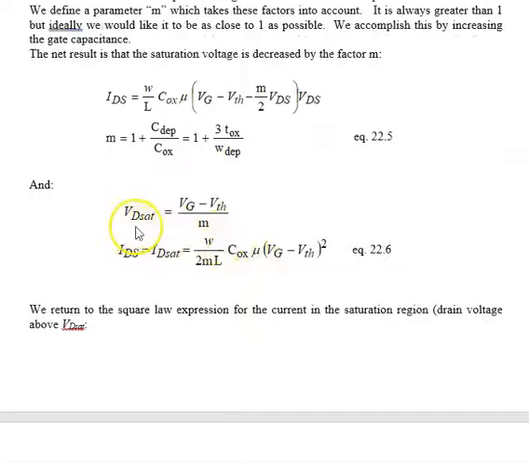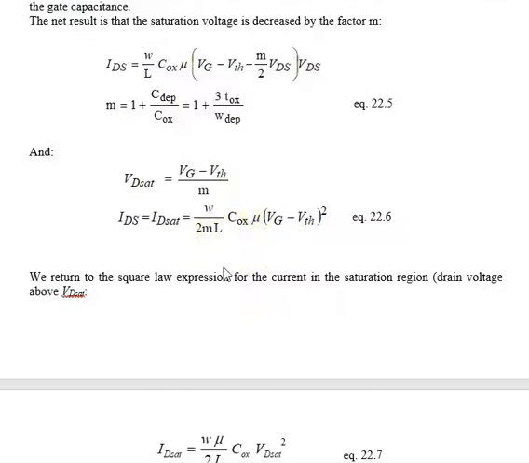So now the VD sat goes down by the function of M, and the IDS, which is equal to ID sat in the saturation region, involves the new VD sat, which has the M, and now we want to take a look at this parameter L, because L is no longer a constant.